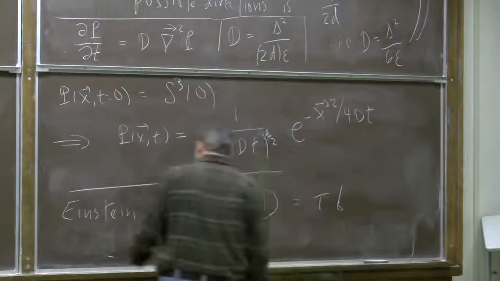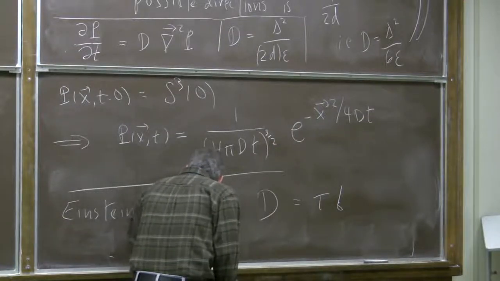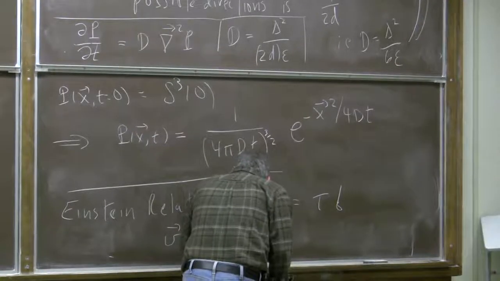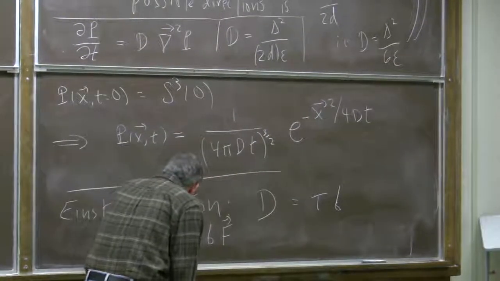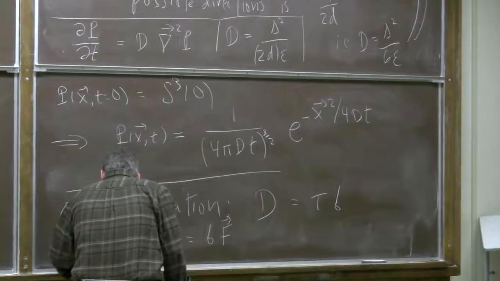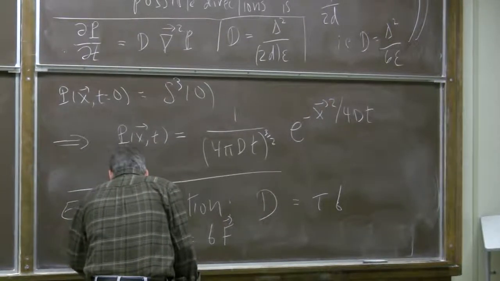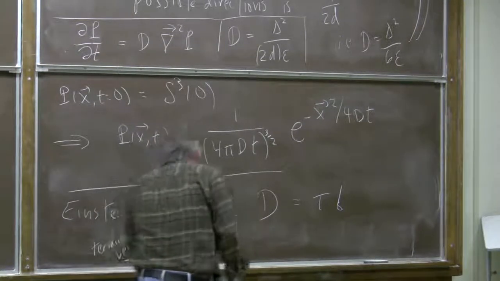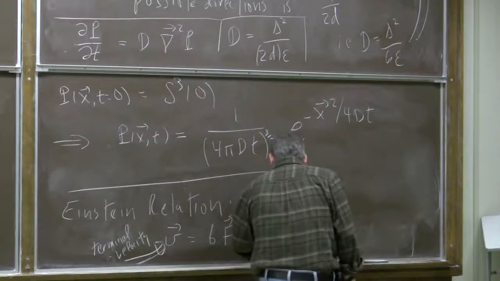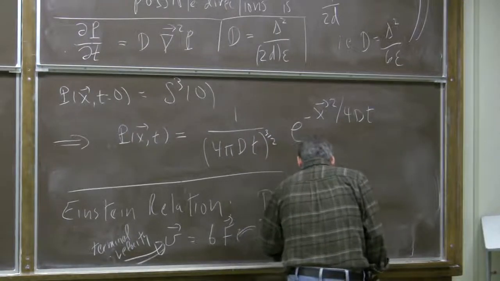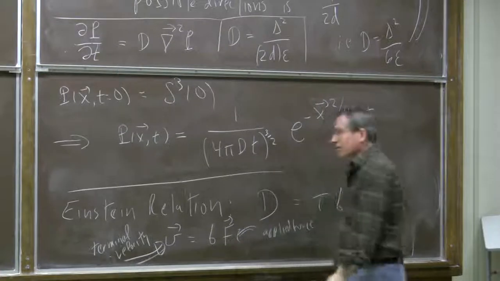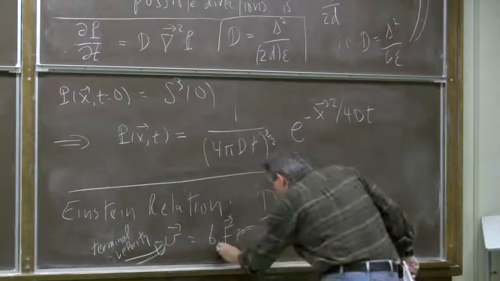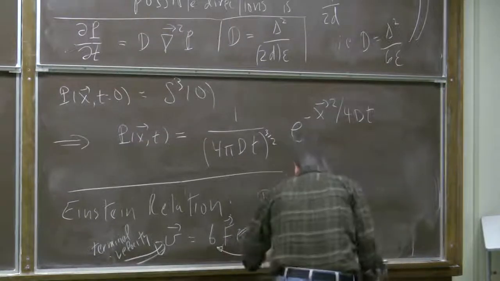So in other words, if we apply a force, the terminal velocity in the presence of that force is proportional to F, and the constant of proportionality is called the mobility. So this is terminal speed, or terminal velocity. This is an applied force. Like, say, gravity trying to pull an object through the fluid, and this is the mobility.